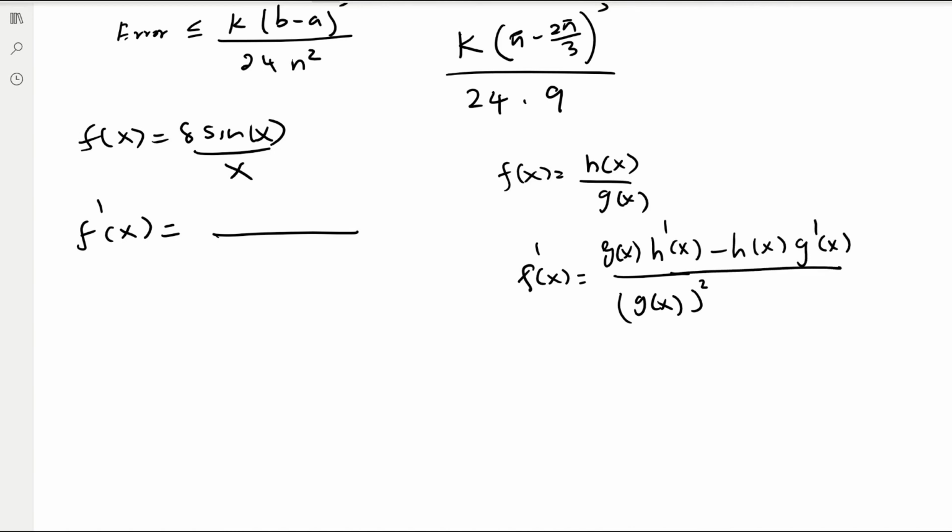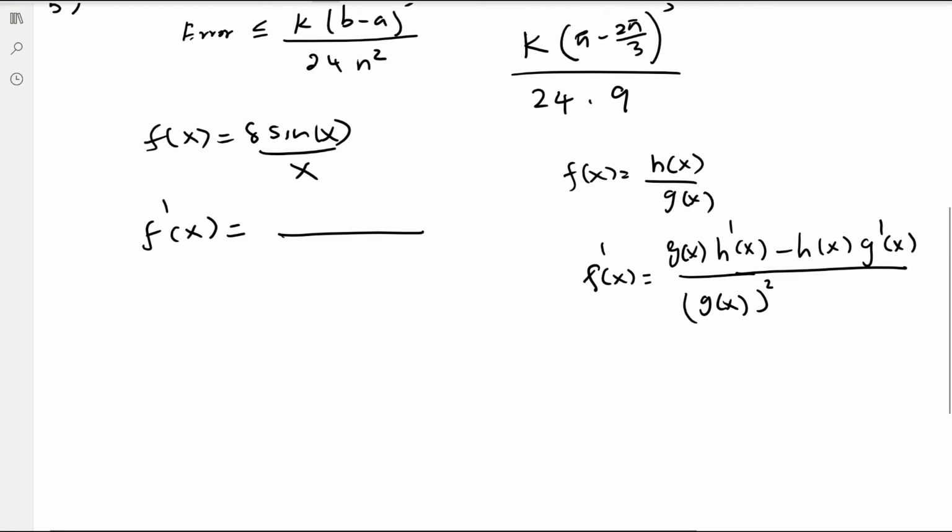That's the formula from Calc 1. So here it's x squared in the denominator, and x times the derivative of sine, which is cosine, so 8x cosine x, minus the derivative of x, which is 1, so 8 sine x.